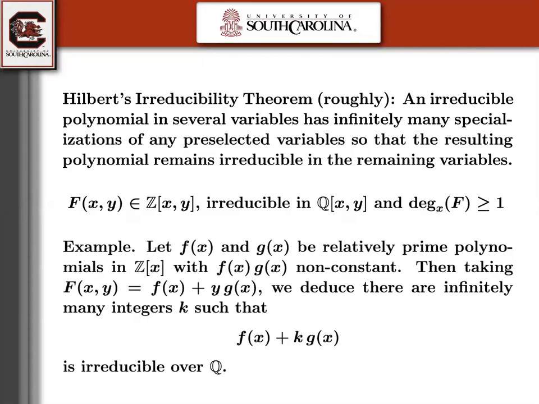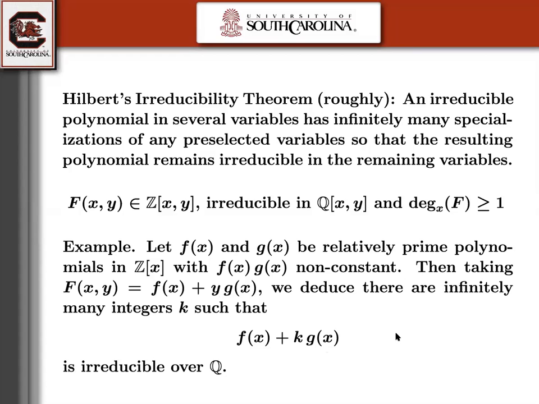So here's an example of Hilbert's irreducibility theorem. We have two polynomials that are relatively prime in Z[x] and not constants. And we go ahead and look at the polynomial f(x) plus y g(x). And by Hilbert's irreducibility theorem, we can find infinitely many integers k for y that make this irreducible in x.